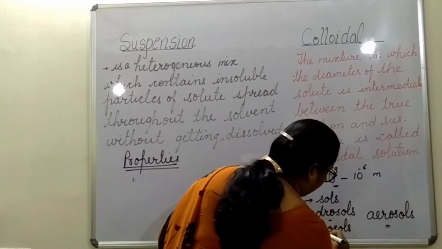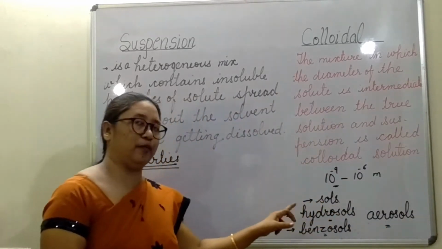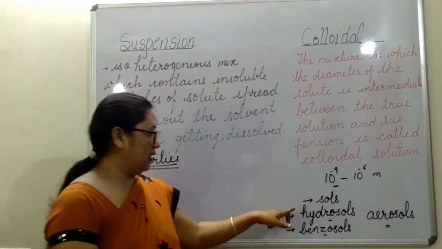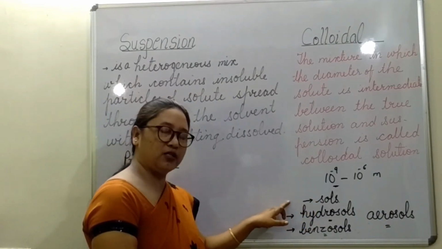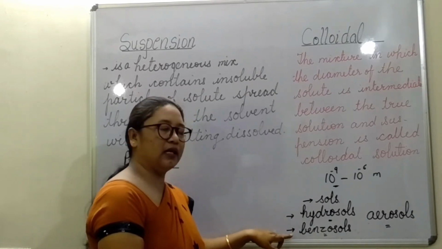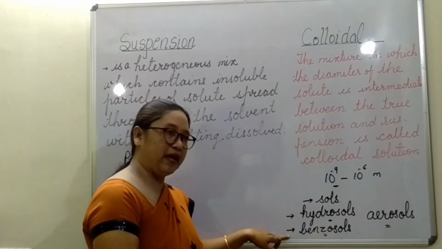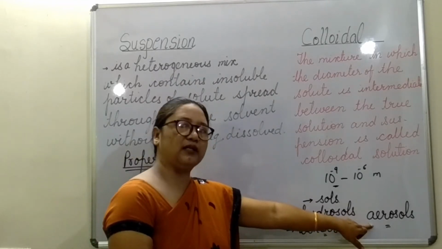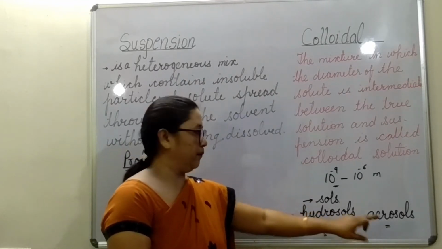So that anytime you come across these words, you can make out what they are. Hydrosol is the colloidal solution in water, benzosols are the colloidal solution in benzene, and aerosols are the colloidal solution in air.